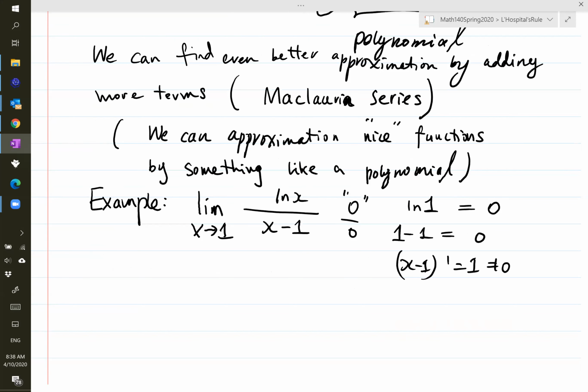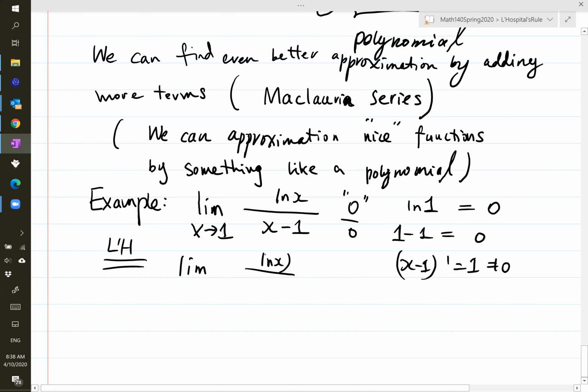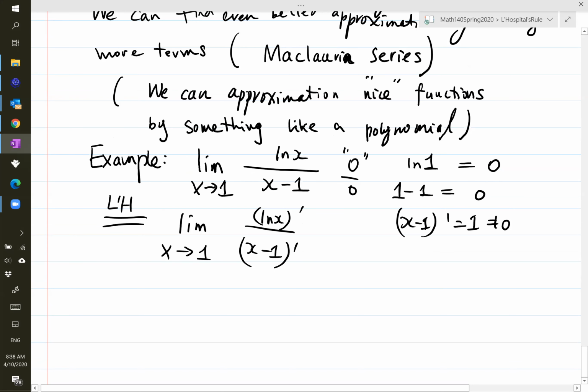So we take the derivative of the numerator and denominator. The derivative of ln x we already know from logarithmic differentiation is 1 over x. The derivative of x minus 1: x derivative is 1, 1 derivative is 0.